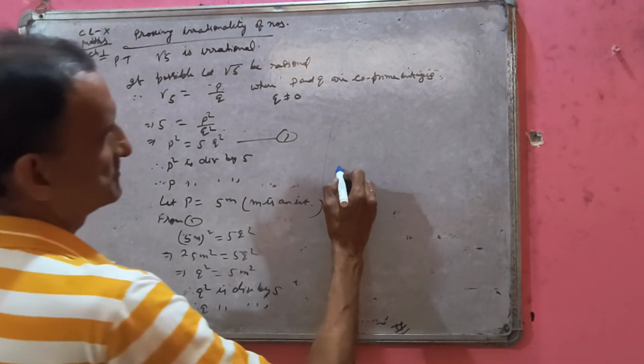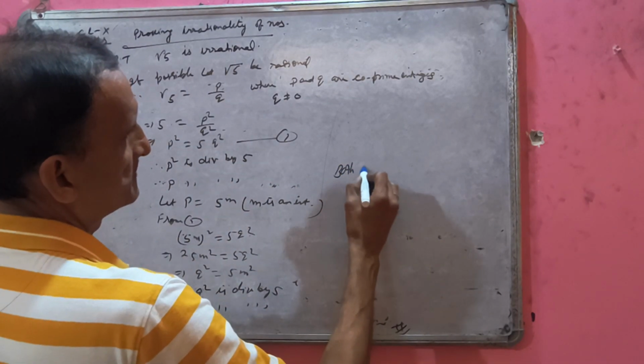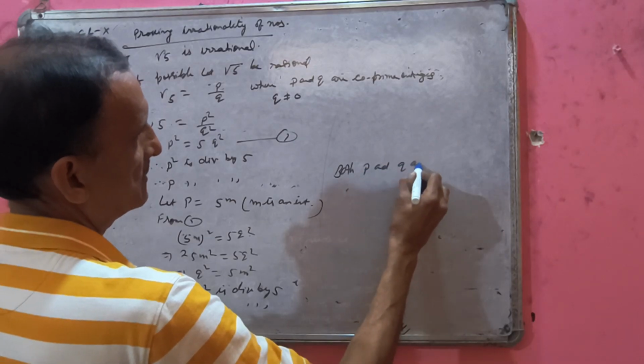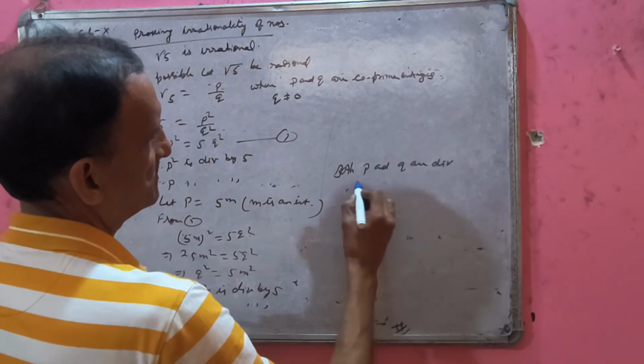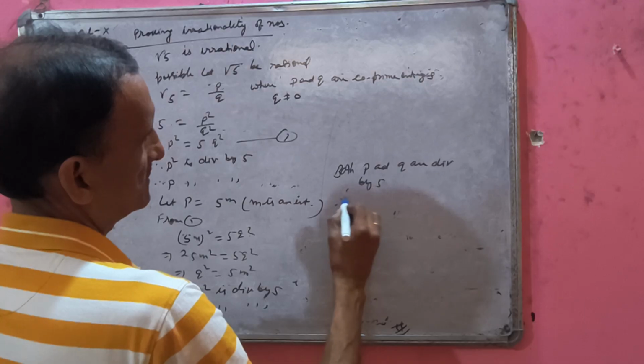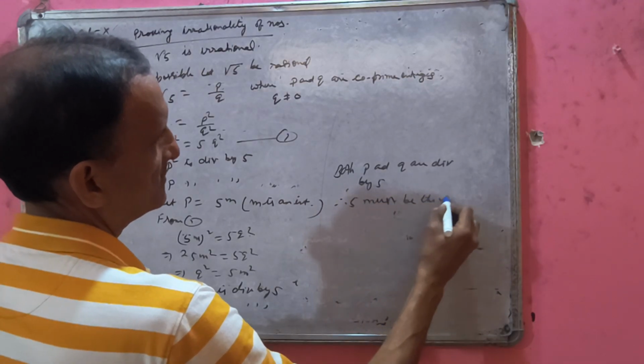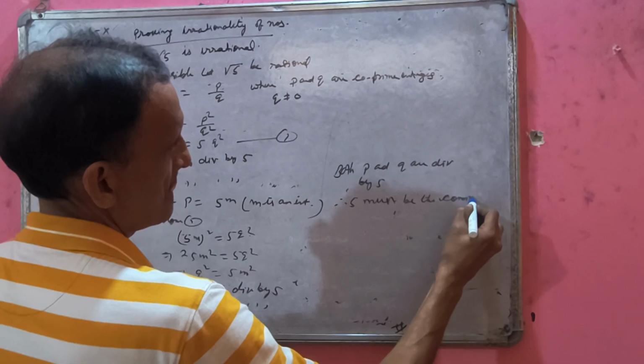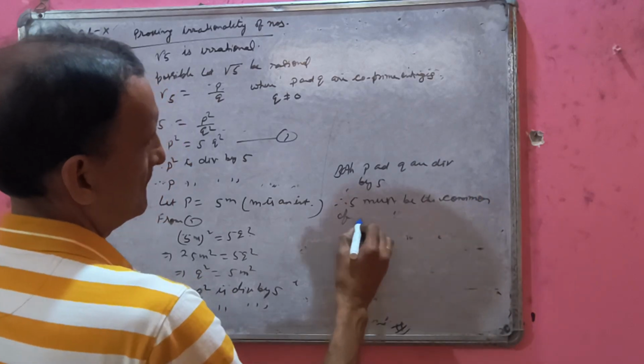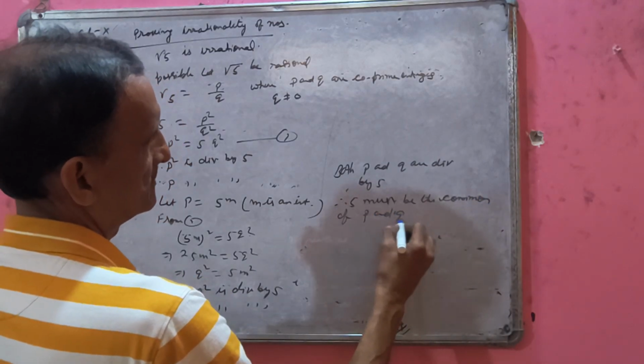So what you have got? Both p and q are divisible by 5. Therefore, same thing you have to write. 5 must be the common factor of p and q.